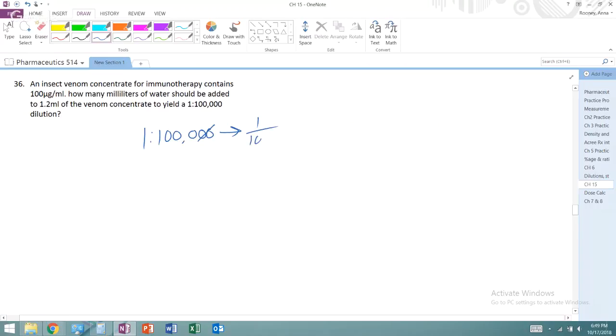So I'm going to change that. So then, that is the percent that we need to get to. So the amount that we have is 100 micrograms, and that would be 0.1 milligrams for 1 milliliter. Sorry, so let me back up. So that's what that is.